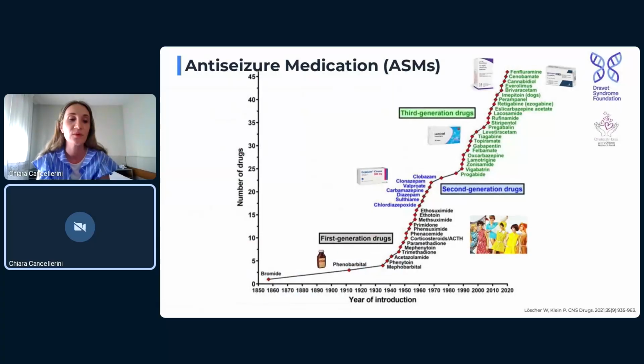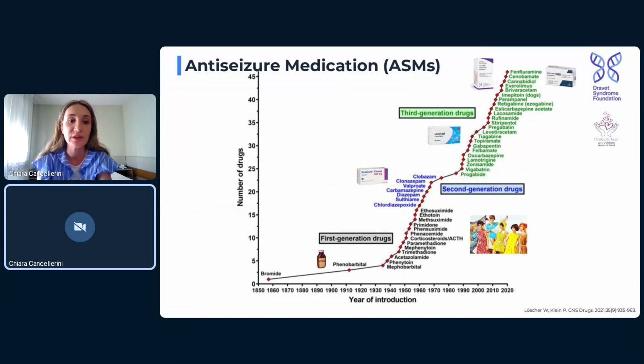When we look at the treatment of epilepsy, we see an incredible therapeutic evolution over time. Phenobarbital was introduced in the early 1900s as a barbiturate, and it works primarily by enhancing GABAergic neurotransmission.